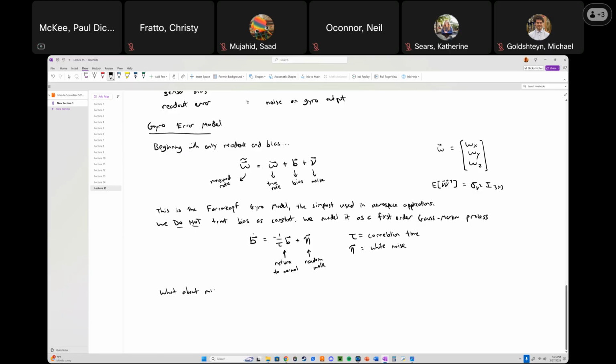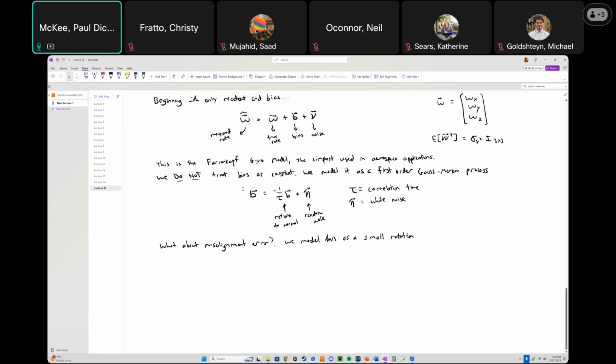Okay, what about misalignment error? We model this as a small rotation. So whatever we thought the spacecraft to sensor transformation matrix was, we were wrong, so we need to account for that.